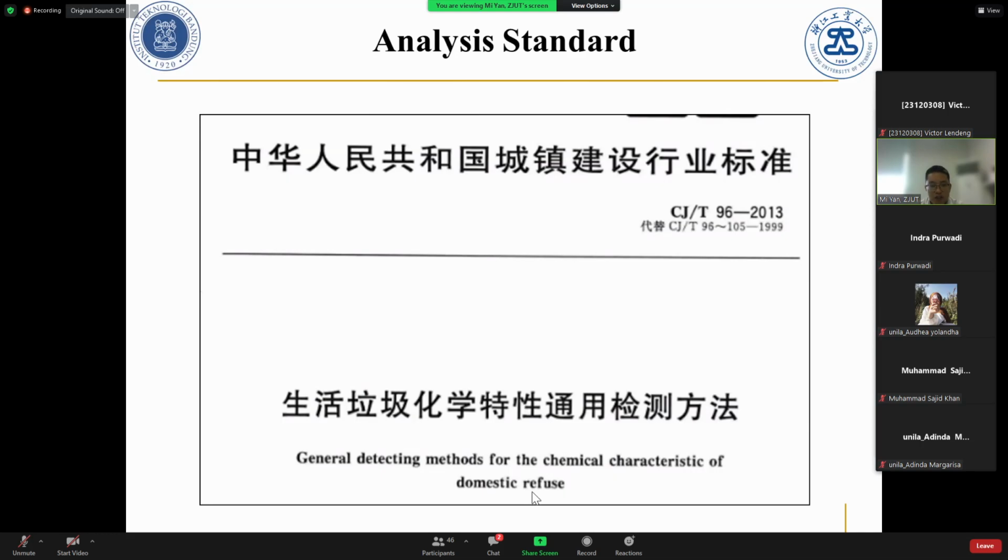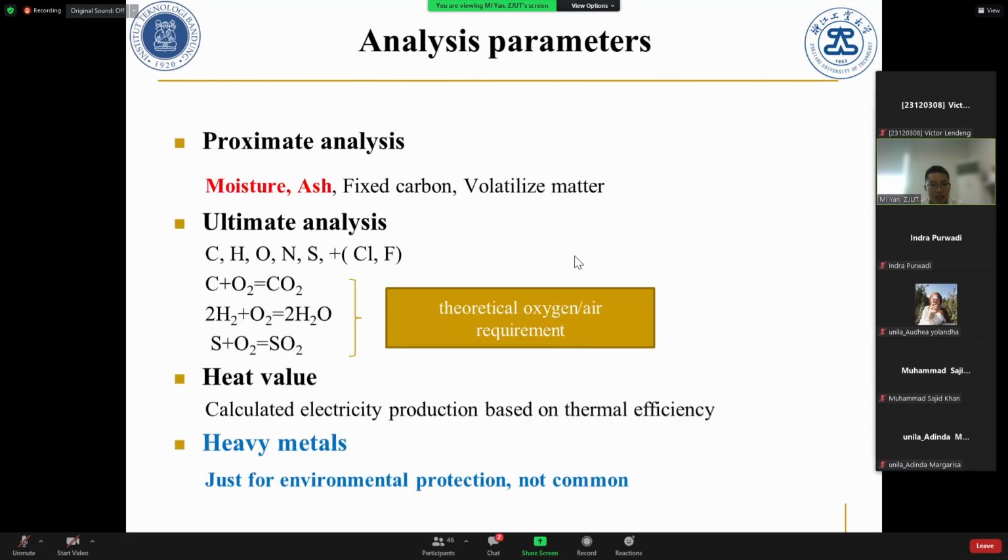Domestic refuse also means municipal solid waste. And the characters we analyze include the proximate analysis, which contains the moisture, the ash, the fixed carbon, and volatile matter. So these parameters are always very important.